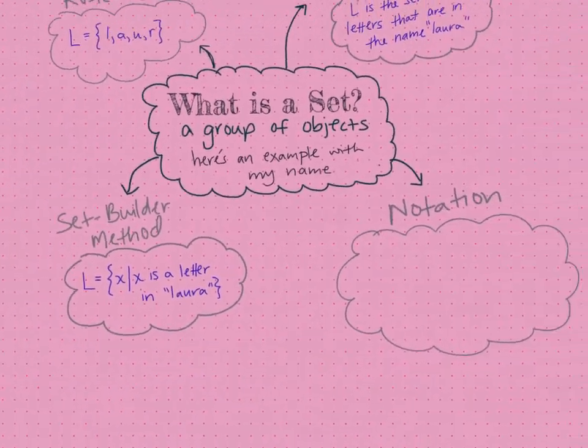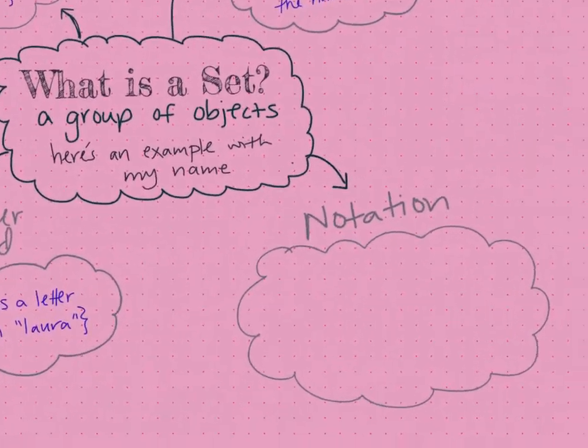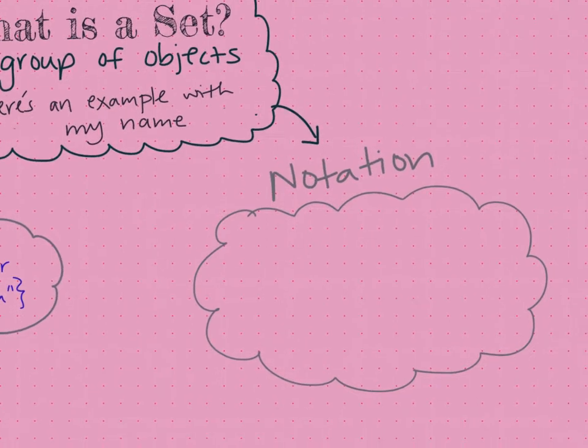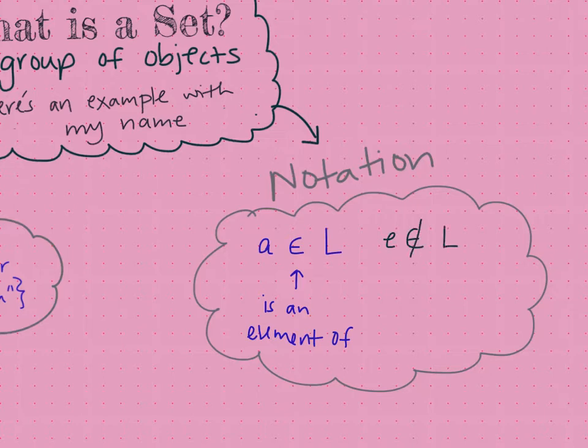And then let's talk a little bit about notation. Notation, just how we write things. Our set L has 4 elements, and we know those elements are L, A, U, and R. So we could say that A is an element of set L. We know that the letter E is not in my name, so it's not in set L. So we would say that E is not an element of set L, which is just this little symbol with a line through it.